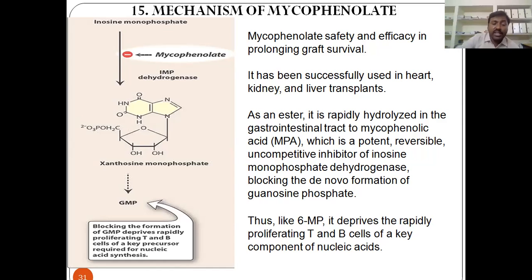So that's why we give the mycophenolate drug, to block the conversion of inosine monophosphate to xanthosine monophosphate. Then there is no formation of guanosine monophosphate, so there is no proliferation of T and B cells. This is the role of mycophenolate. Purine is a key component of nucleic acids.